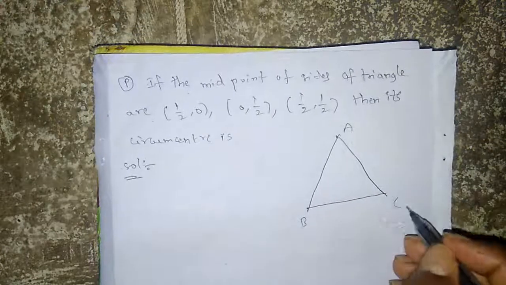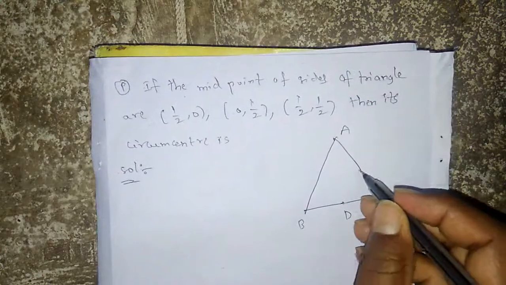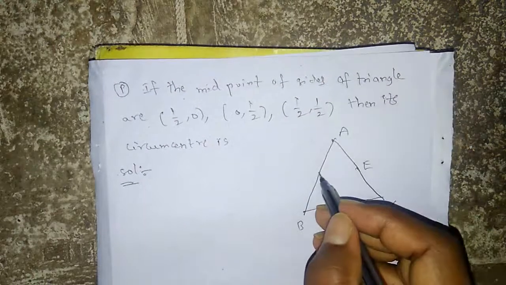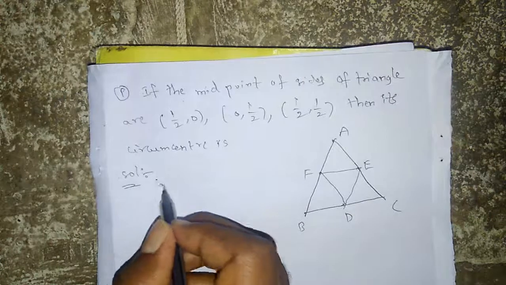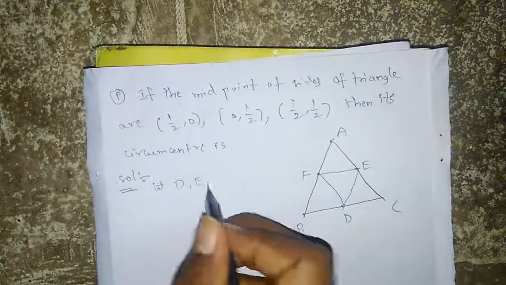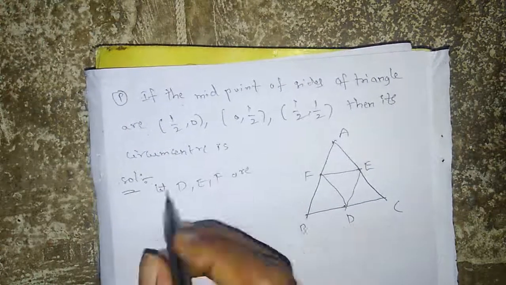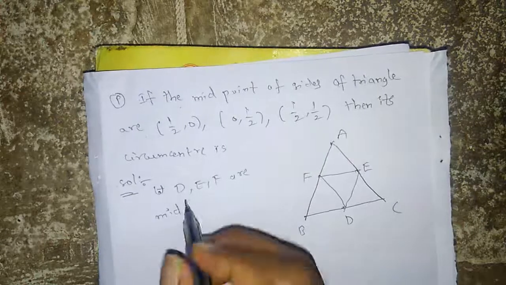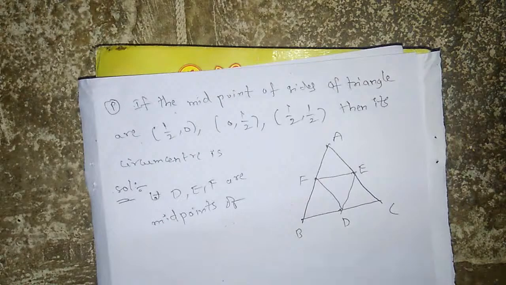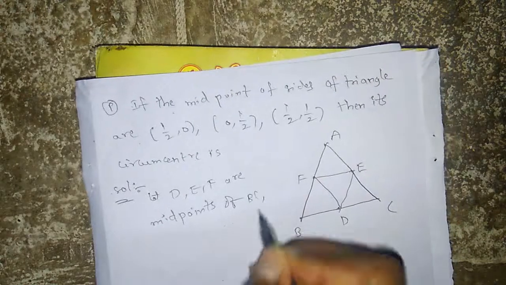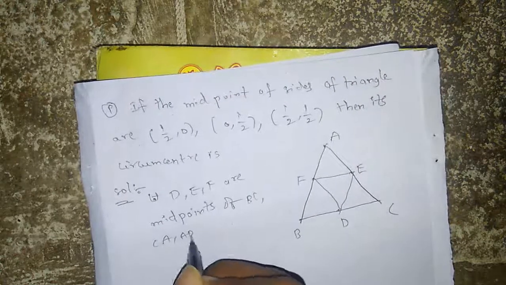Triangle ABC, DEF are the midpoints. Let D, E, F are midpoints of BC, CA, AB respectively.